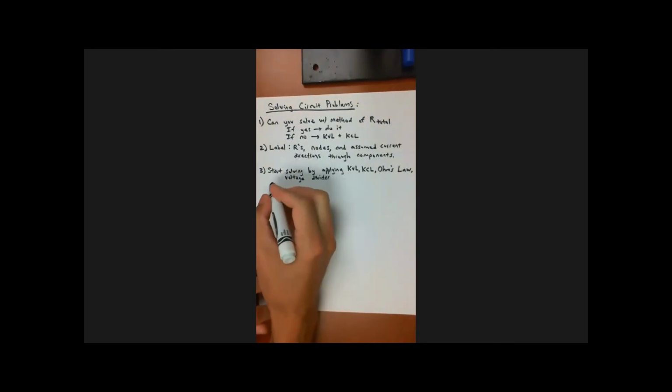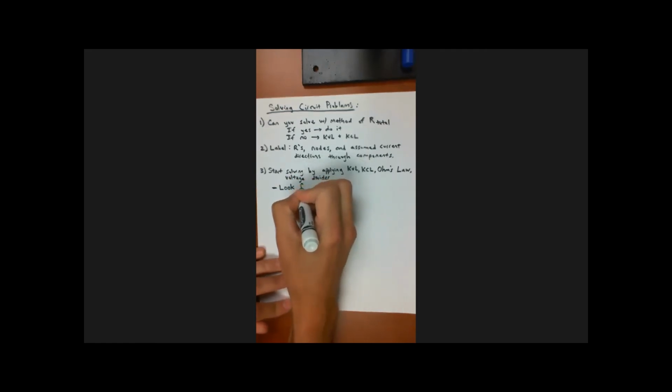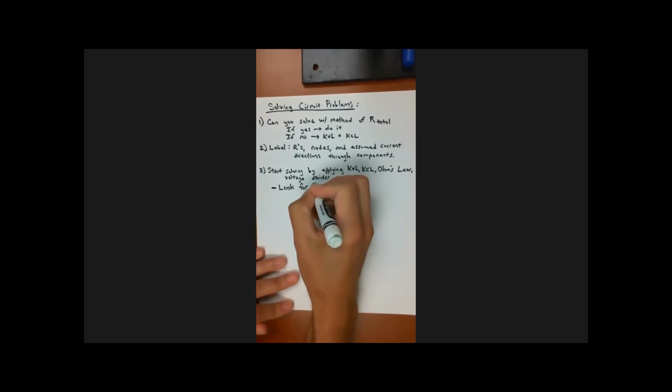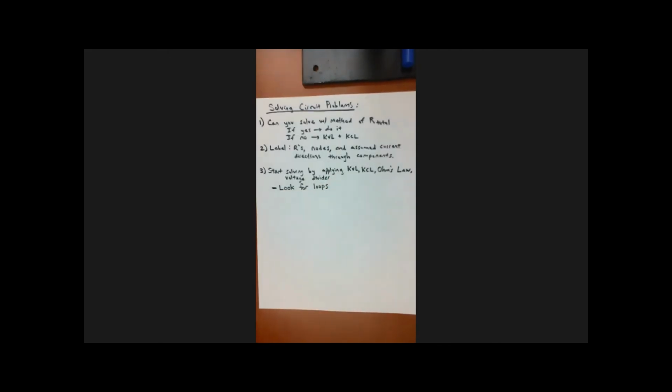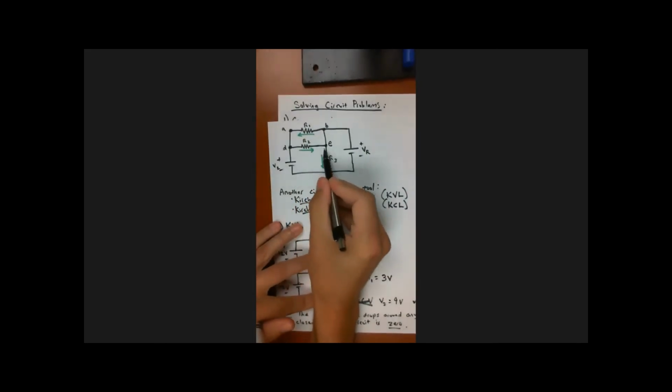Here's what you want to do to apply KVL and KCL. You want to look at your circuit and look for loops. So any loop. Let me give you an example. A loop could be this right here.